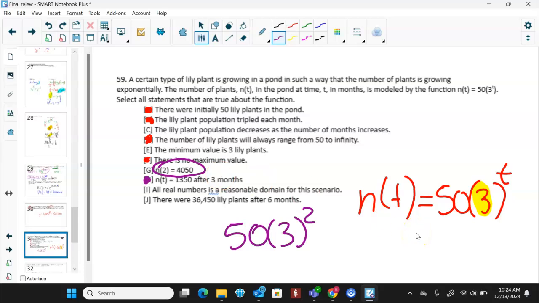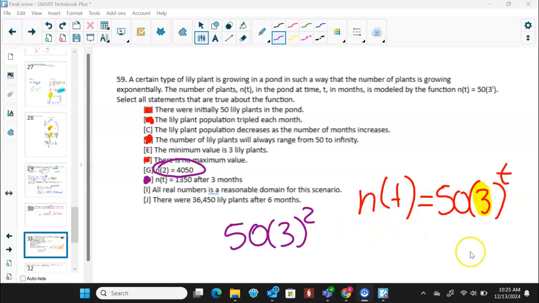And then the last one, all real numbers is a reasonable domain for this scenario. Okay, that is not true because you can't have a negative amount of plants growing, right? So the domain could not be all real numbers because we can't use negative numbers. So it would have to be everything that is greater than 0.